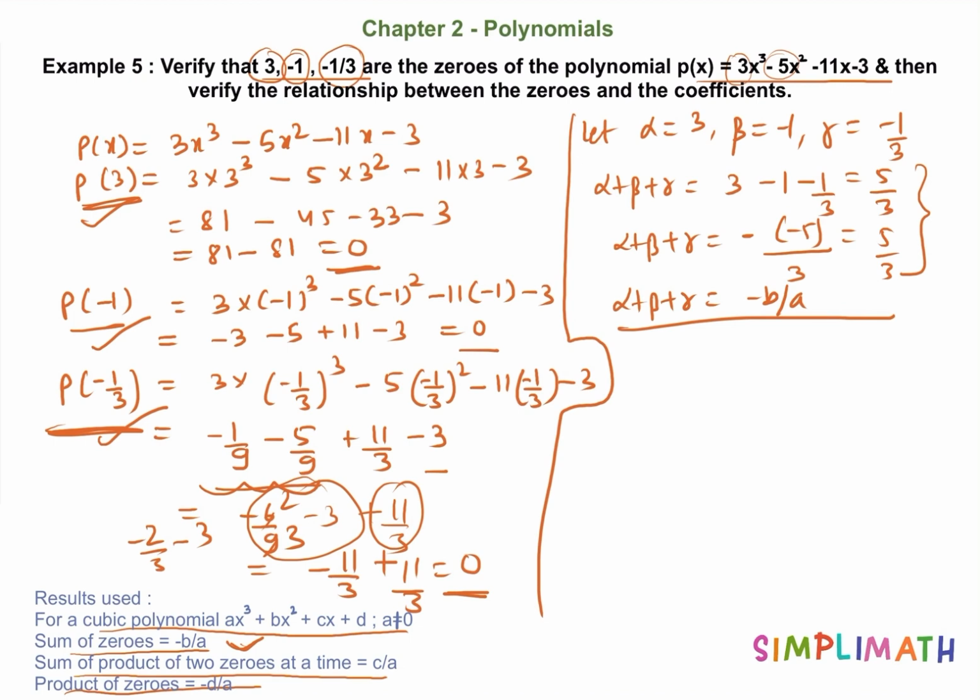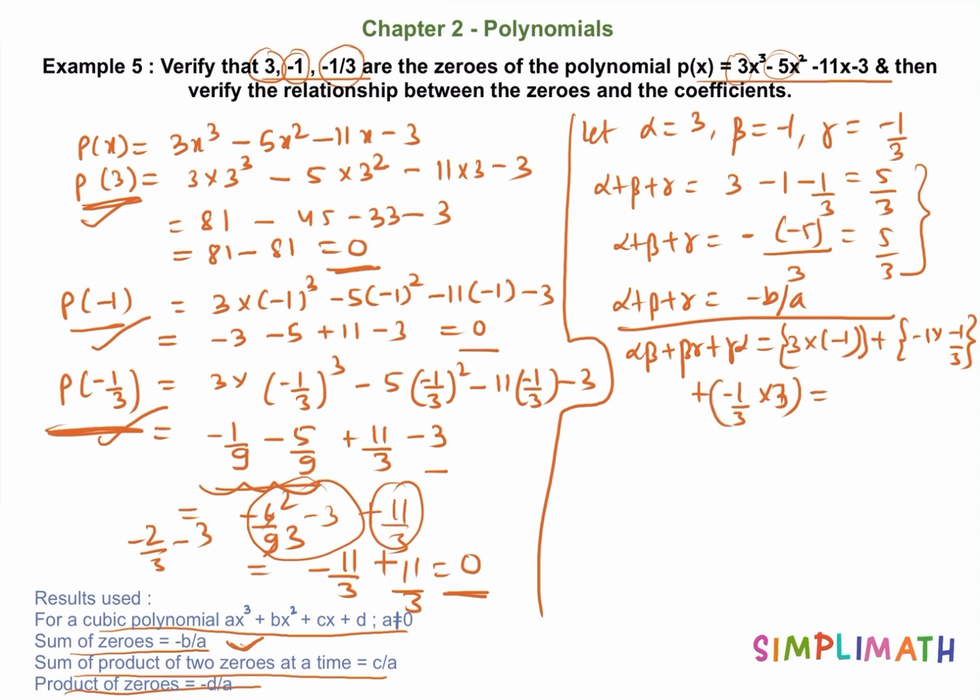Now let us find the sum of the product of two zeros at a time. So alpha beta plus beta gamma plus gamma alpha is equal to 3 into minus 1, plus minus 1 into minus 1 by 3, plus minus 1 by 3 into 3.